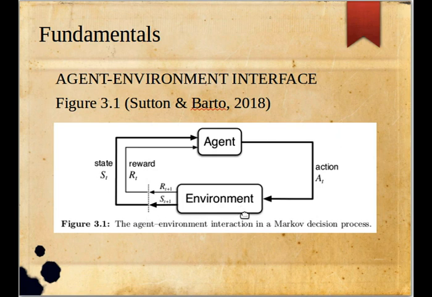Here we can see an agent-environment interface, and it shows us how an agent interacts with the environment in Markov decision process. A Markov decision process provides a mathematical framework for modeling decision-making in situations where outcomes are partially random and partially under the control of a decision maker. So what does this interface tell us?